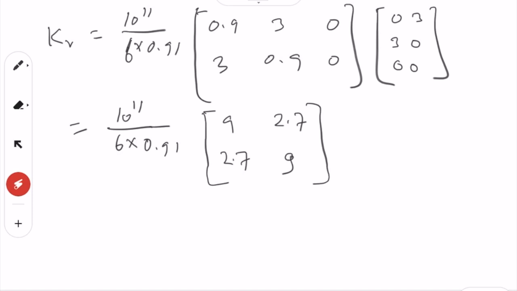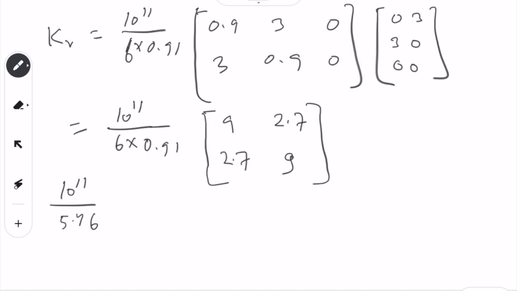So now the equation is multiplied by 10 to power 11, 6 times 0.91. So we can write the exact value: 6 times 0.91 is 5.46.